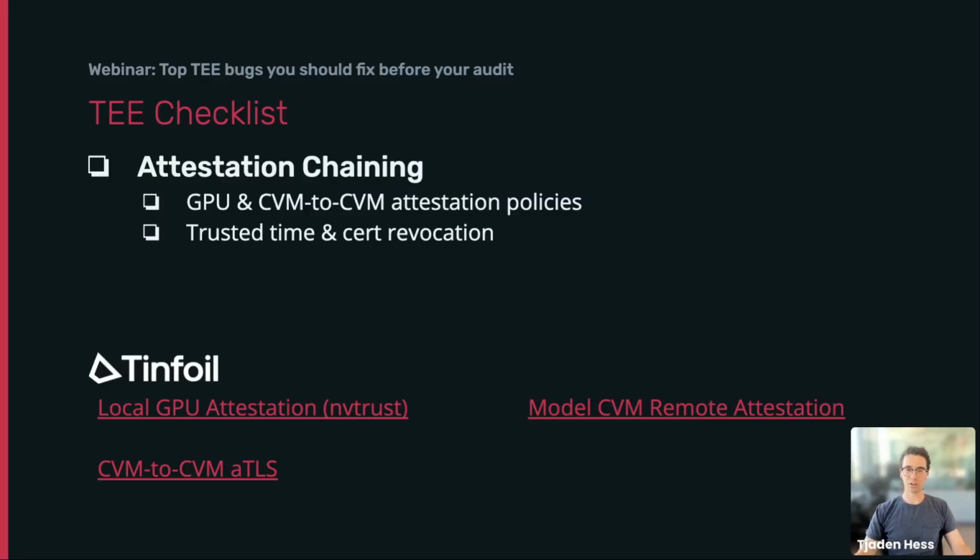You always have to make sure that the CVM acting as the client is able to verify things like Sigstore binary transparency logs over the measurements that are produced by the backend CVM. This also ties into things like trusted time and revocation checking. How do you know that your router CVM is talking to a current, up-to-date system?